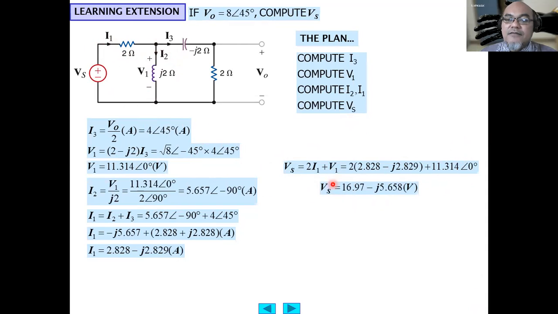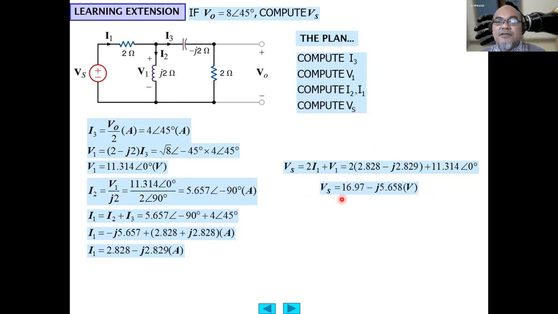Luckily, since this has a zero phase angle, it is already the real form. So this plus 2 times 2.828, 8 to 8. So total becomes 16.97 minus j2 times 2.829, that is, 5.658.